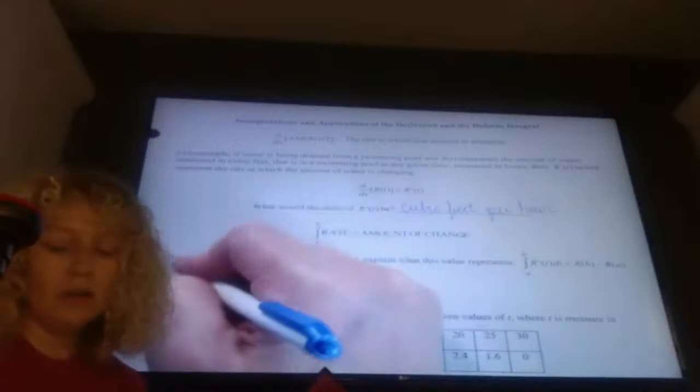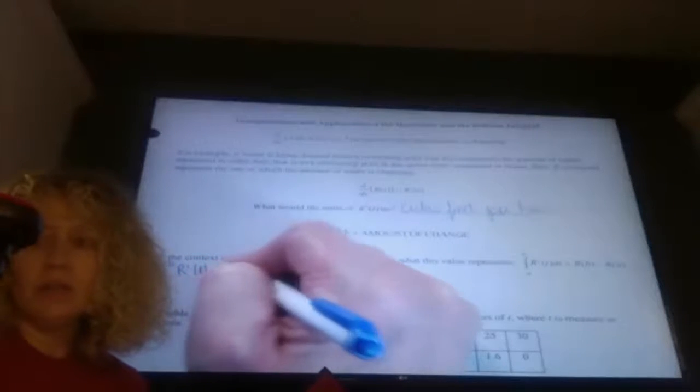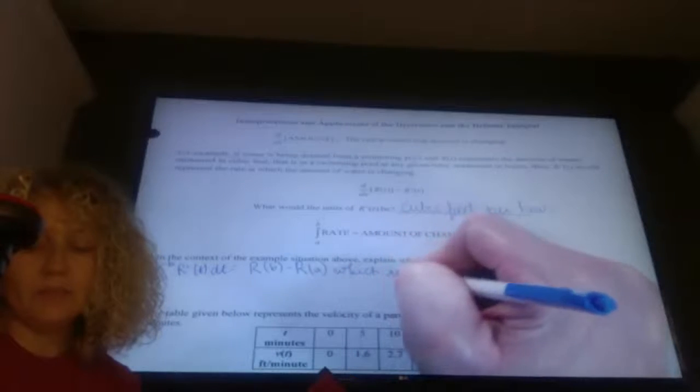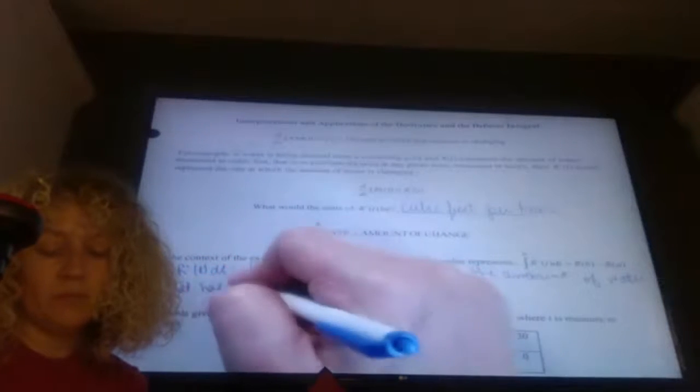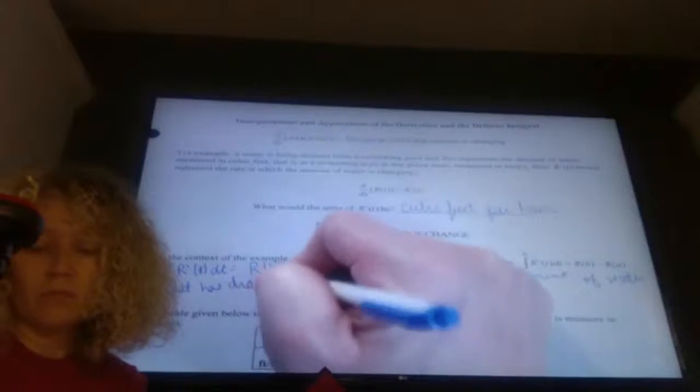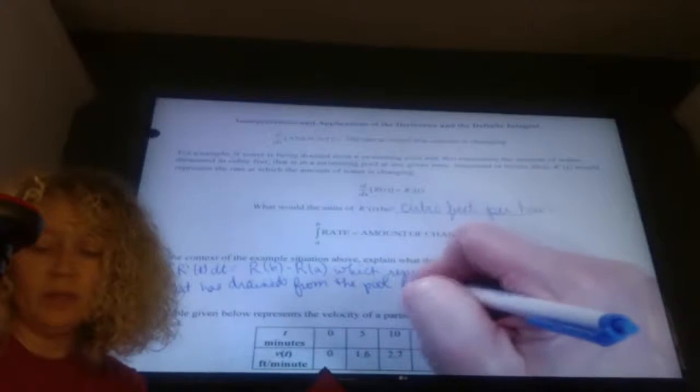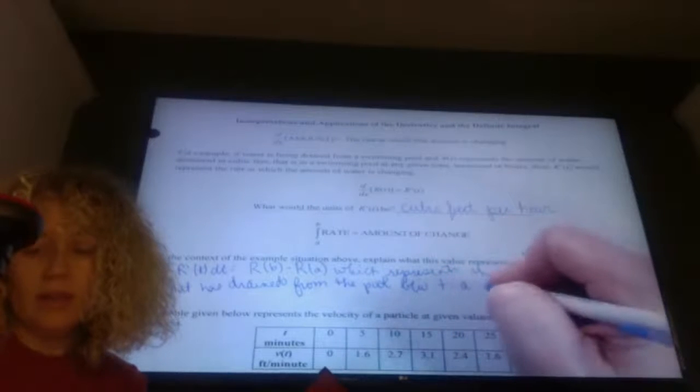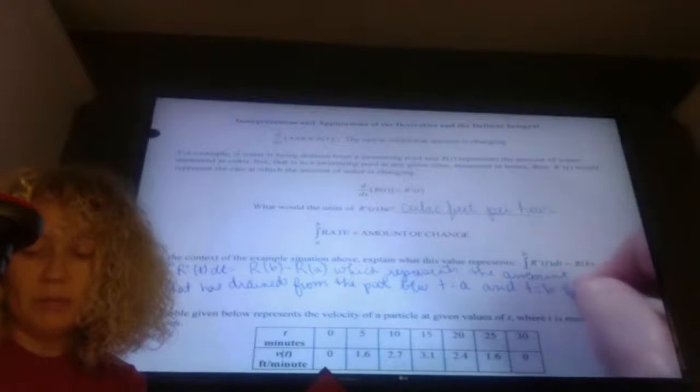So from A to B, the integral of R prime of T dt would equal R of B minus R of A, which represents the amount of water that has drained out from the pool between time A and time B hours.